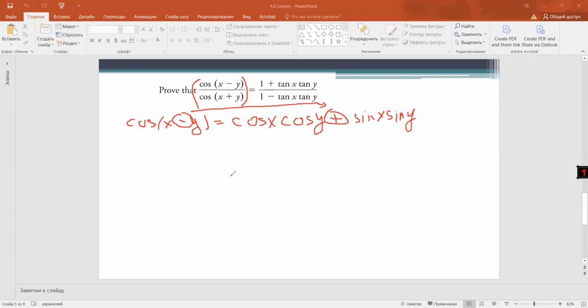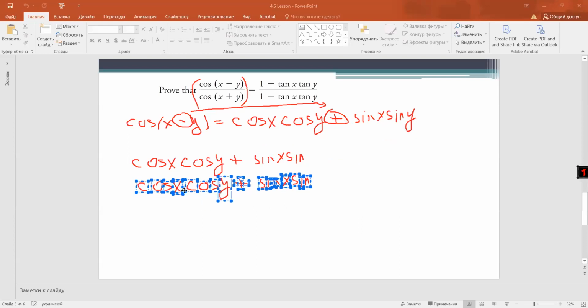So our final expression would look as follows. Basically this part over exactly the same part, but the sign would be different.